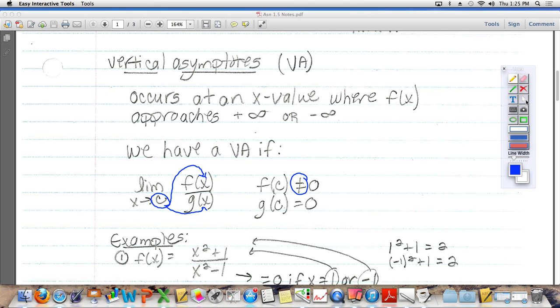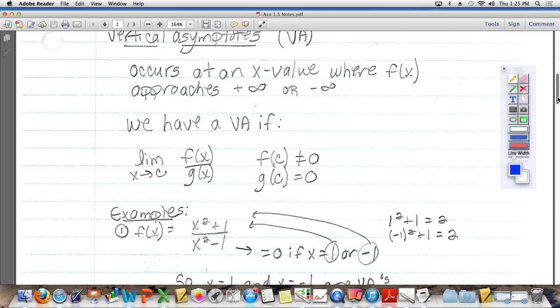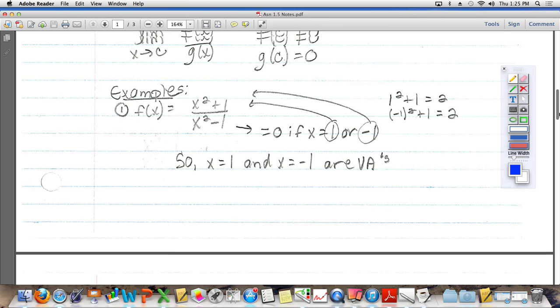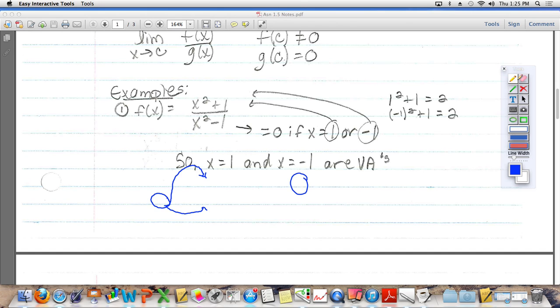All right. So, an example: x squared plus 1 over x squared minus 1. You guys have done this. You probably dream about it at night. Look at the bottom. What value of x will make the bottom of this 0? 1 or negative 1. This will factor to x plus 1 and x minus 1.